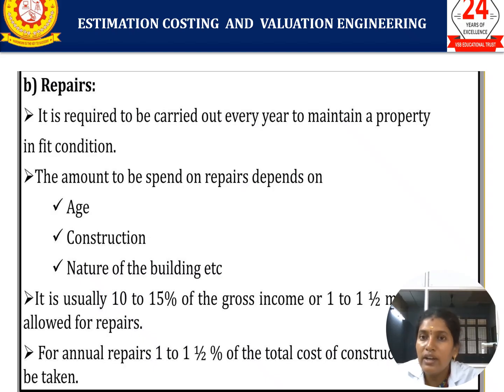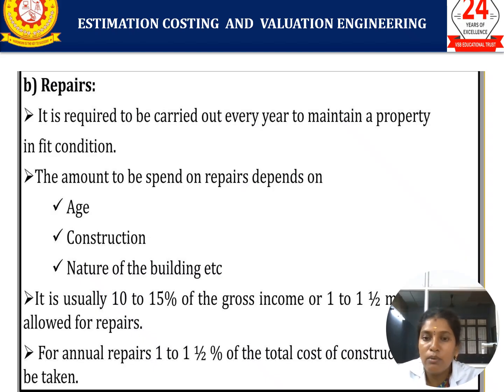Otherwise, if it is for renting purposes, the owner can take 1 or 2 months' rent amount as allowed for the repair. We know that, right? 1 or 1.5 months' rent amount is allowed for the repair work. And annual repair is totally 1 to 1.5% of the total cost of the construction.